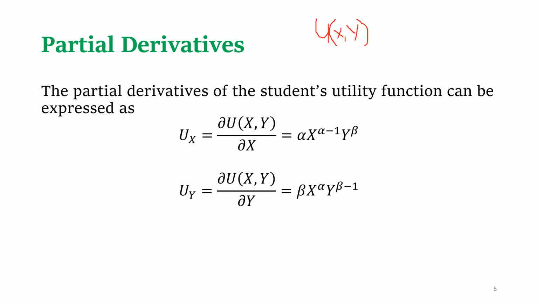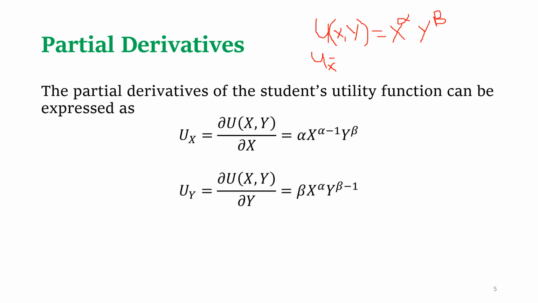So now, this u of xy, we know it was given as x to the alpha, and then y to the beta, right? So you have that one, right? So we want to find u of x, which is what? The derivative of the utility function with respect to x, right?